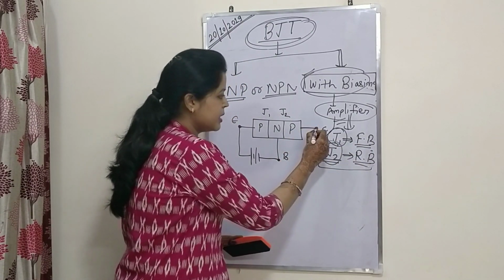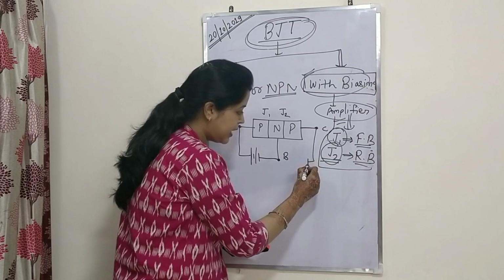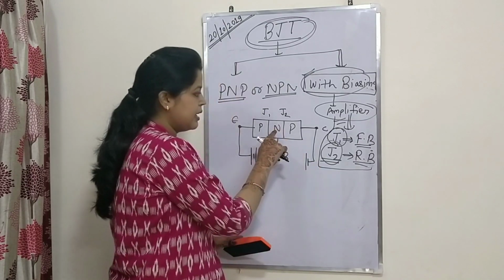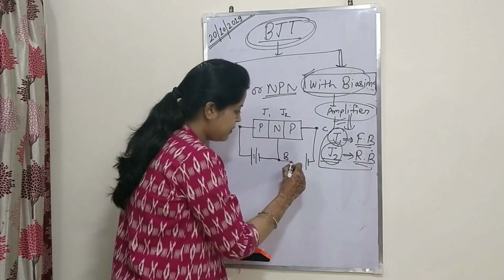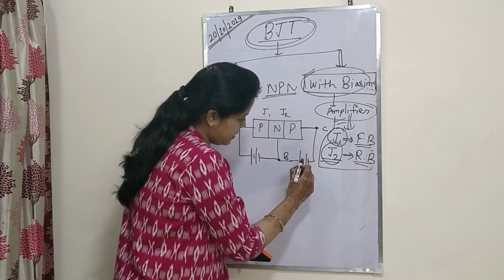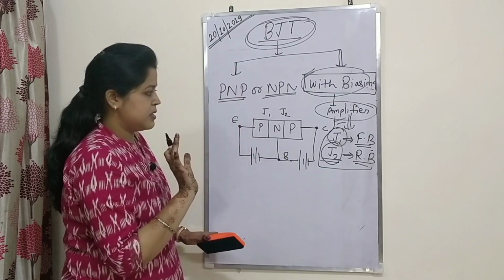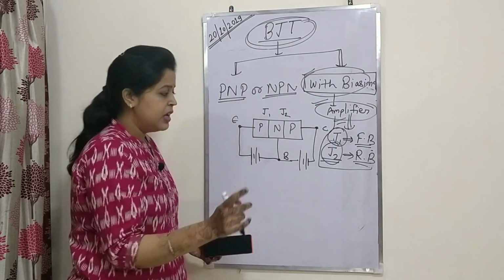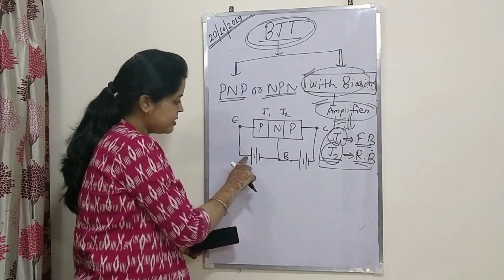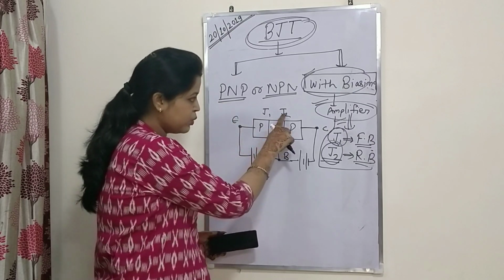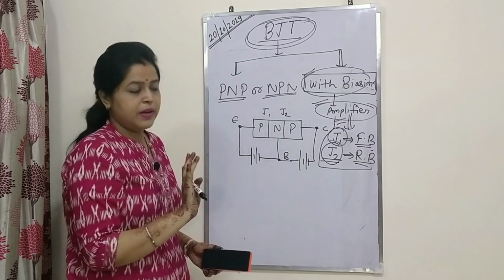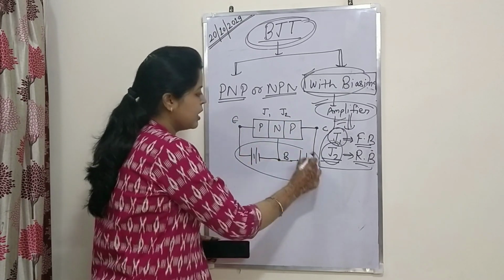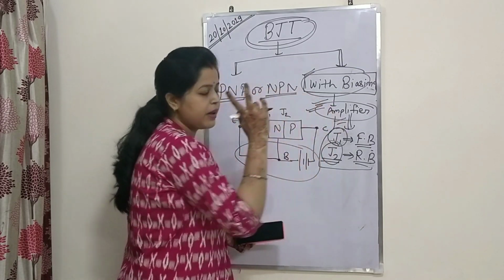When P type semiconductor is connected to the negative terminal of the battery and N type is connected to the positive terminal of the battery, then it becomes reverse biasing. So whenever you want to go with the designing of an amplifier, J1 junction is always forward biased while J2 junction is reverse biased. This is the biasing mechanism if you want to go with the designing of an amplifier.